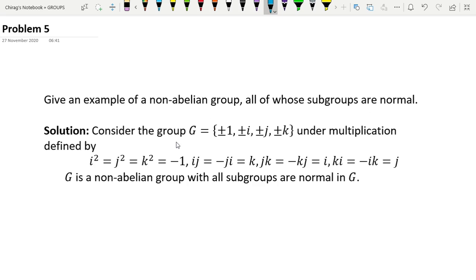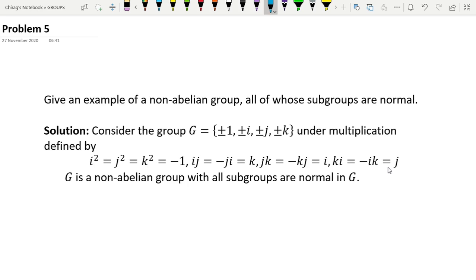Take G equal to {±1, ±i, ±j, ±k} under multiplication defined by i² = j² = k² = -1, and ij = -ji = k, jk = -kj = i, and ki = -ik = j.